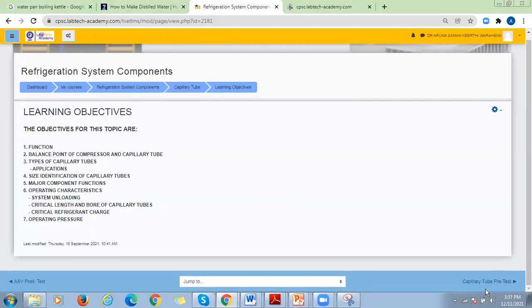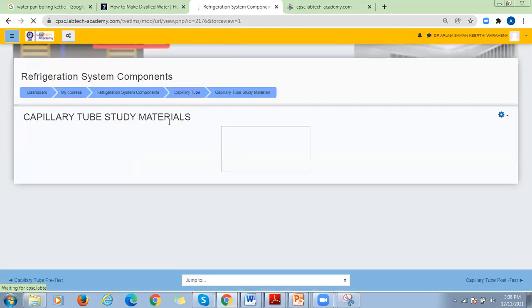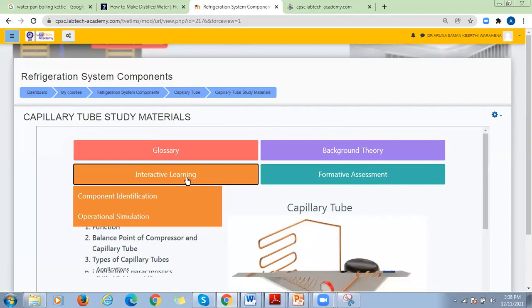And we even have the pre-test to check what you know about capillary tubes, then the post-test and the reading materials, and the interactive learning.